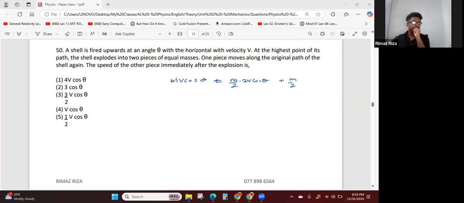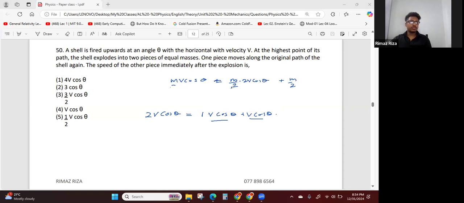Let me consider my example again, 2v cos theta. After that the mass is 1 and it will move in the same direction, so it will be v cos theta plus v cos theta. So both will have v cos theta, v cos theta.